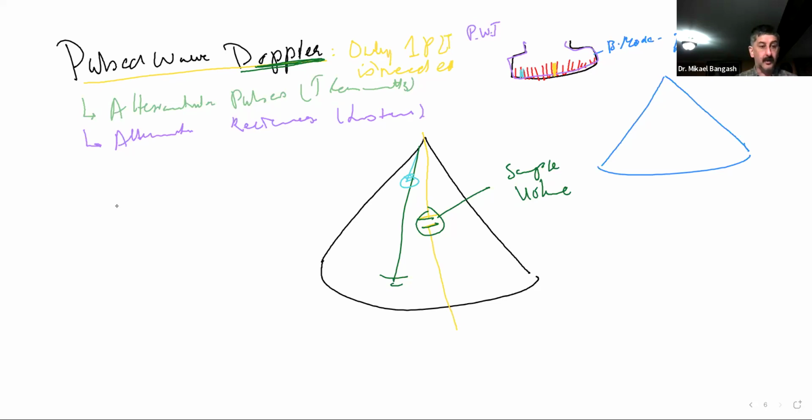Or if you send the window over here, it may be this one here which will alternately send out signals and receive them.